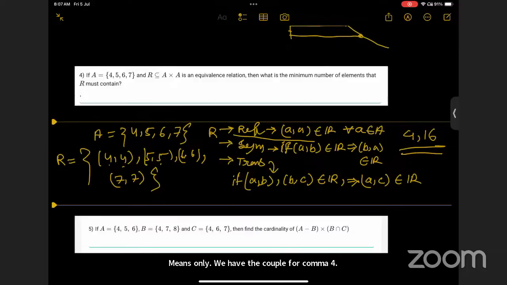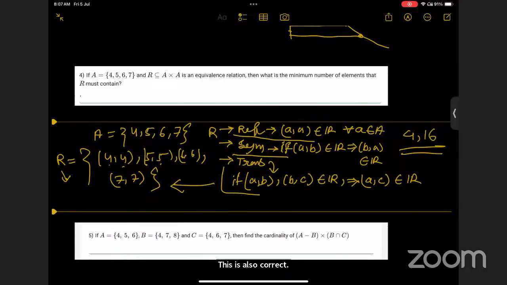So symmetry is also holding here, right? And the transitive property also we can check. This is also correct. So this will be the smallest possible equivalence relation. So the cardinality will be 4, right?